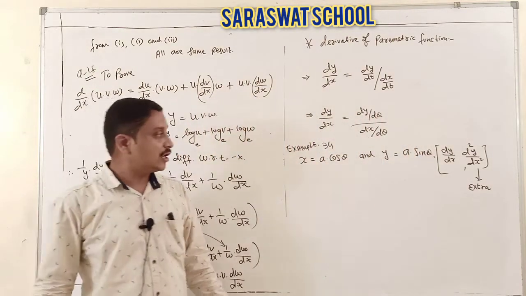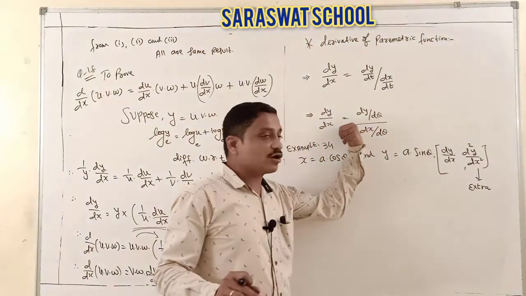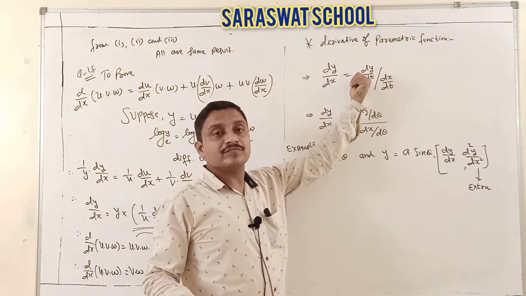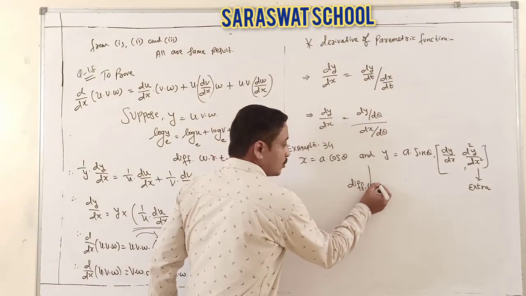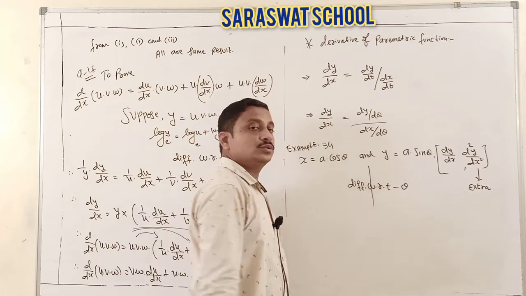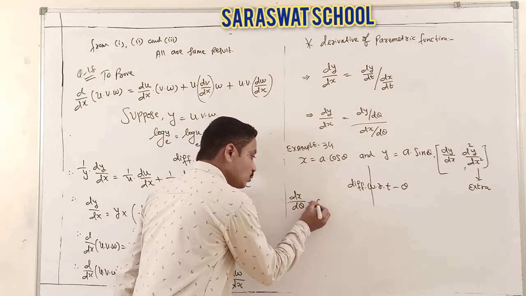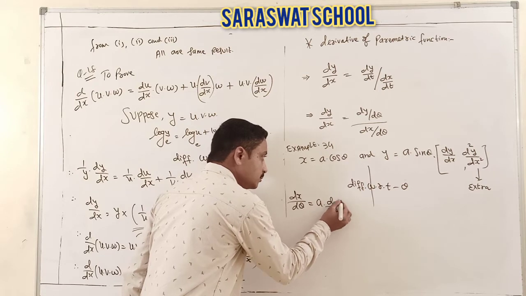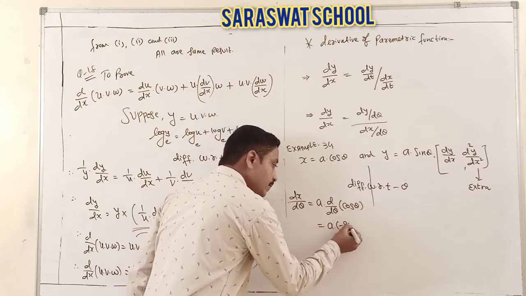So don't worry. Here look, what is the parametric variable? Theta. So I follow this formula, sometimes this t. So differentiation with respect to theta. Here dx by d theta of a cos theta. What is the cos theta derivative?